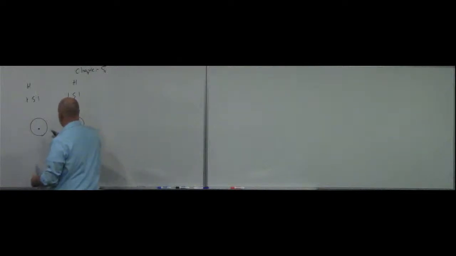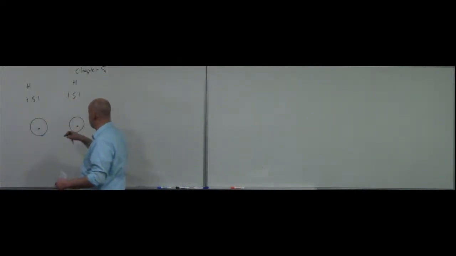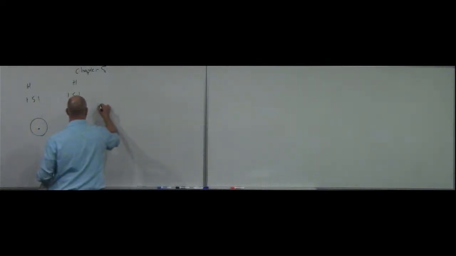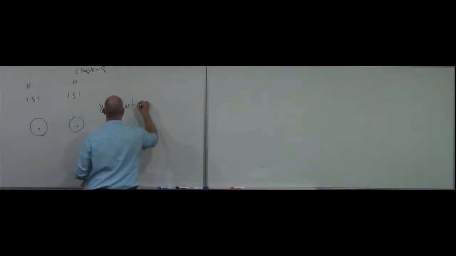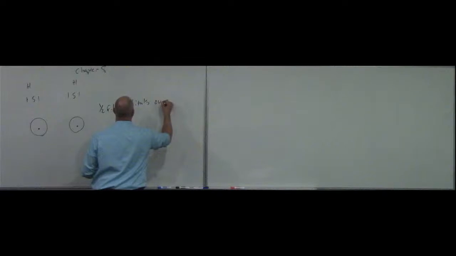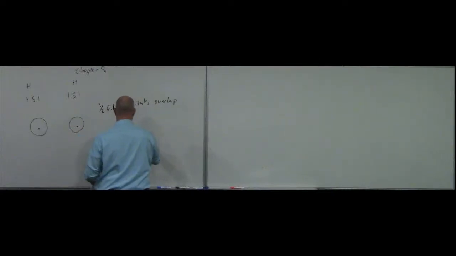So what we're calling valence bond theory says that a covalent bond is when these half-filled orbitals overlap. What I would need to see happen to call it a bond is for these to slightly overlap.